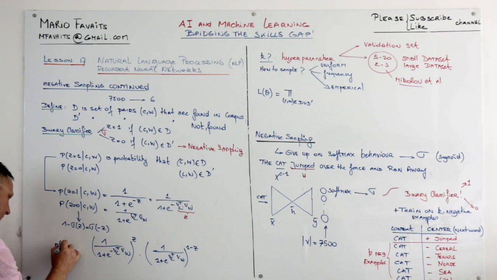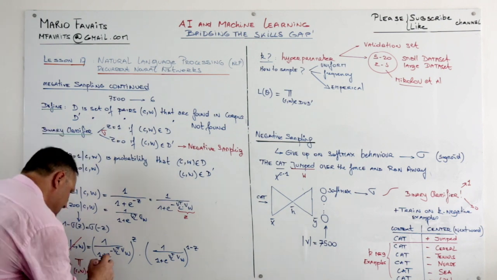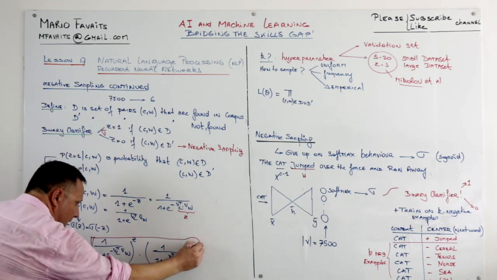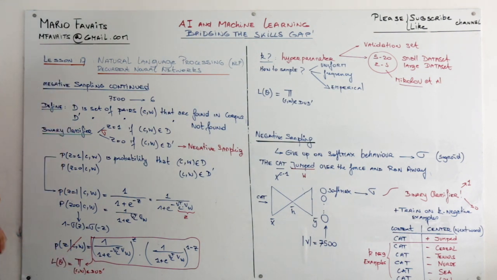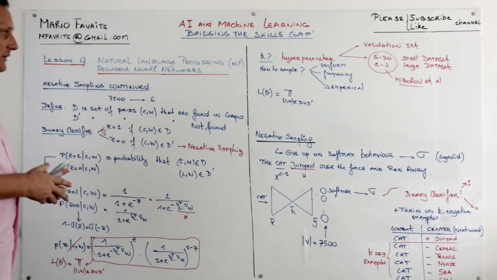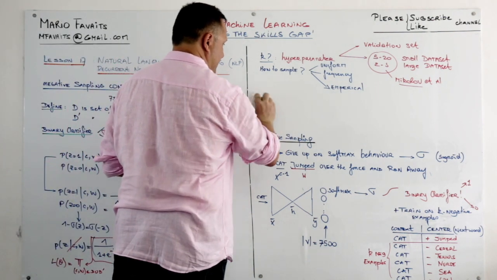We're going to replace this with L of theta equals the product of the pairs in D and D prime, and then we have this whole thing. So this is a likelihood function that we want to maximize. Alright?